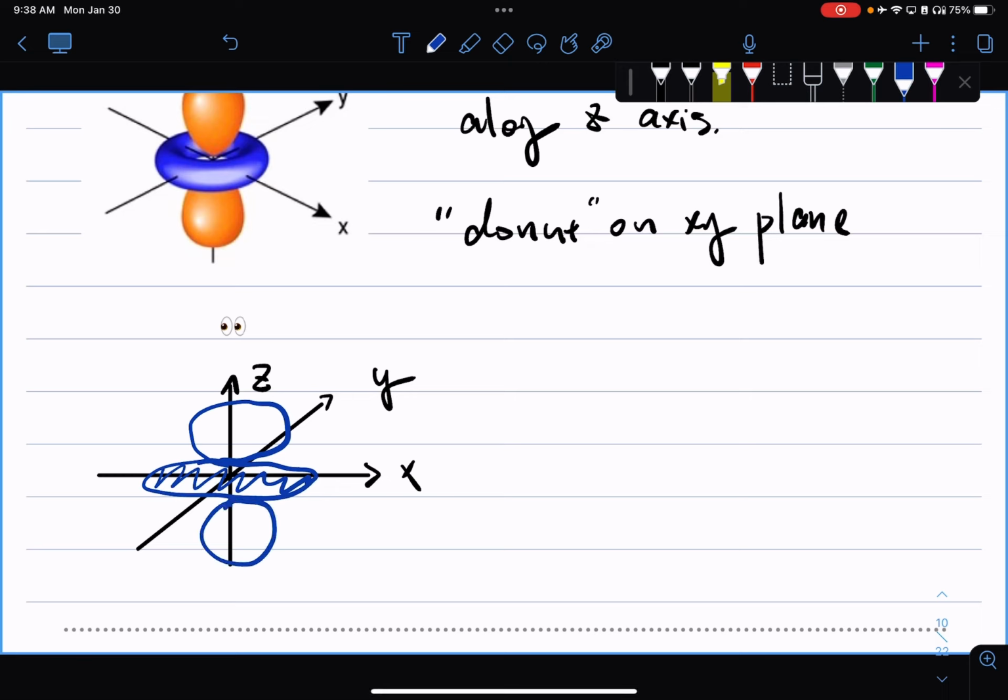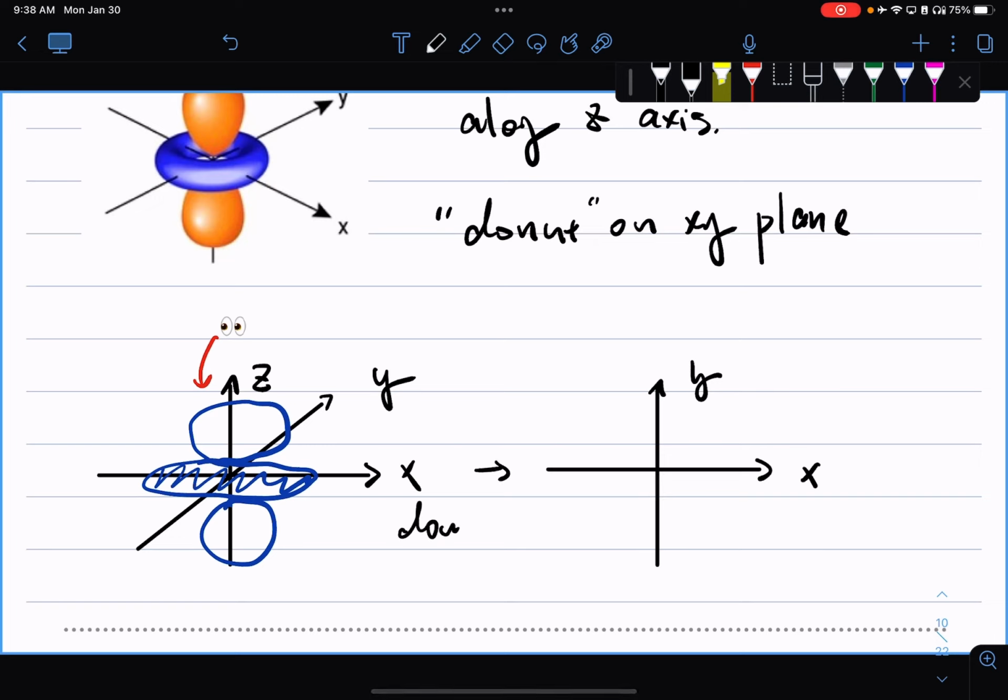It looks a bit counterintuitive. The other way to think about it is if you look from top down with that little eye, and we look at my x and y. And what it looks like is like this.